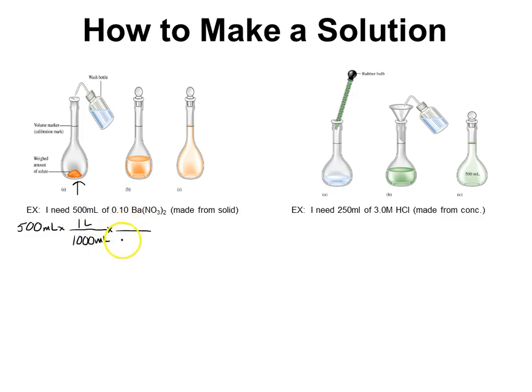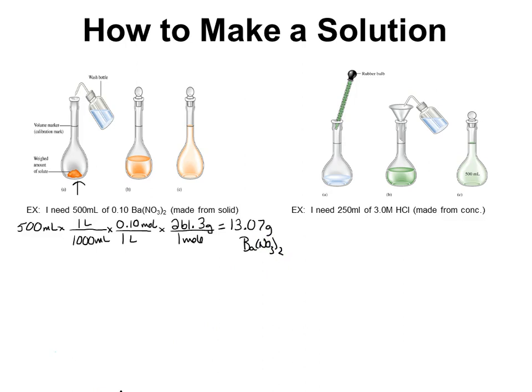And if molarity is moles per liter, that means every 1 liter of barium nitrate has 0.1 moles in it. And now that I can figure out how many moles I have, I'm going to go ahead and convert that into grams. And that's going to give me 13.07 grams of barium nitrate.